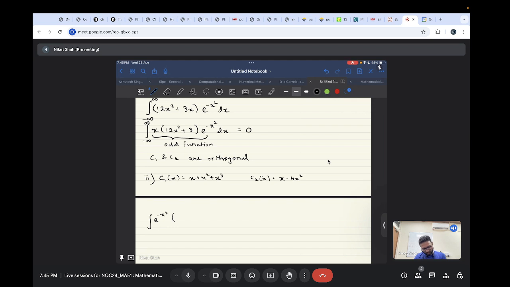So x square minus 4x cube plus x cube minus 4x power 4 plus x power 4 minus 4x power 5 dx. This is the entire equation.